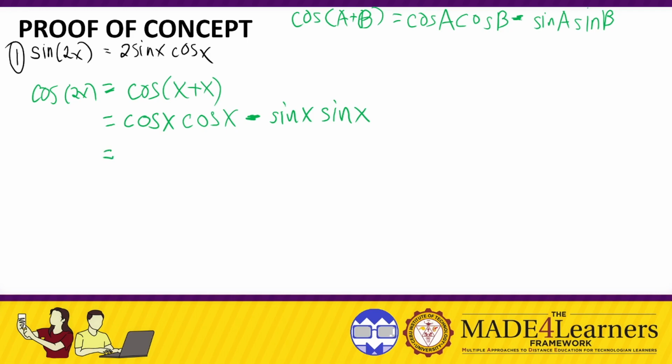We can simplify: cos x times cos x is cos squared x, minus sine x times sine x is sine squared x. So this is our identity for cos 2x.